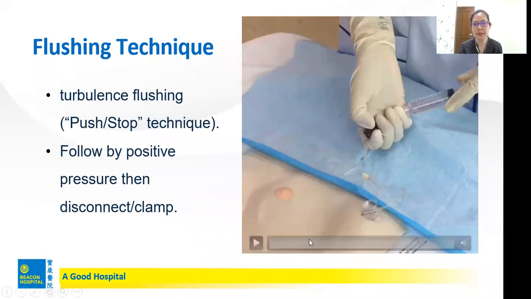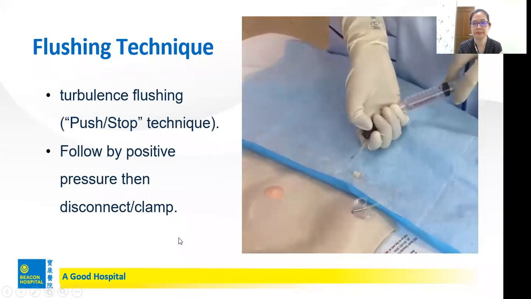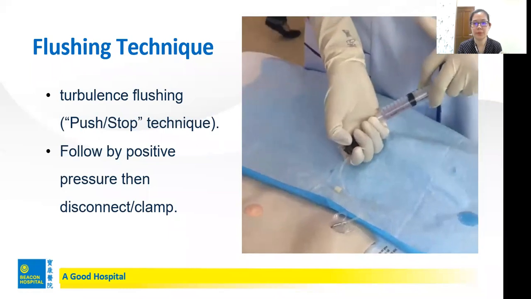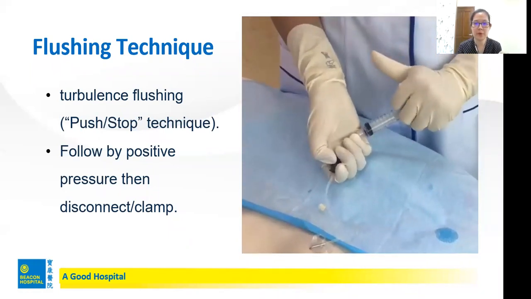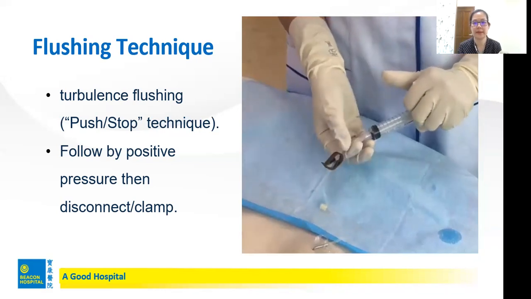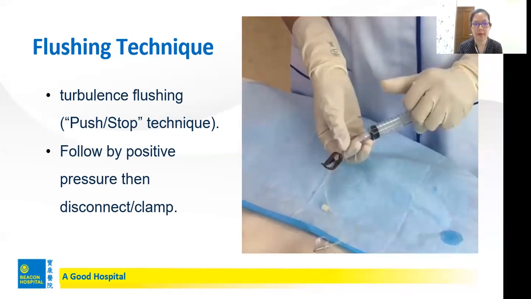Okay, those who missed the first session, I repeat the video because this is the crucial skills to prevent occlusion to your CVAD. So pay attention to the video. Okay, push, pause, followed by positive flow, clamp immediately. Okay, this is the correct flushing technique to prevent occlusion.